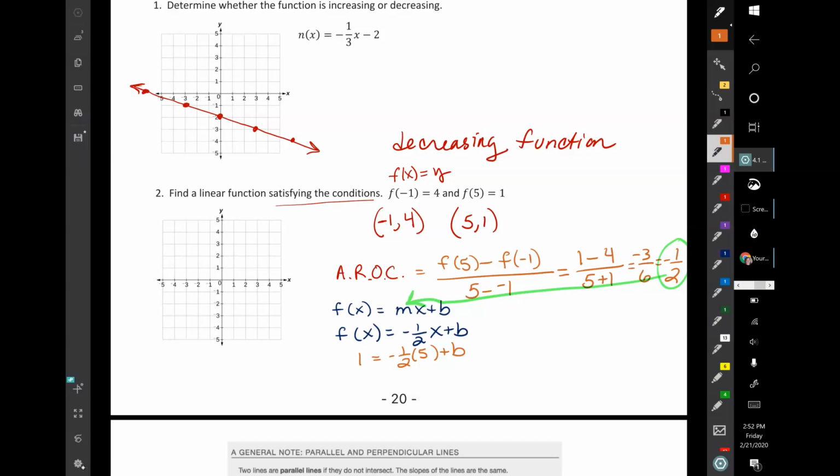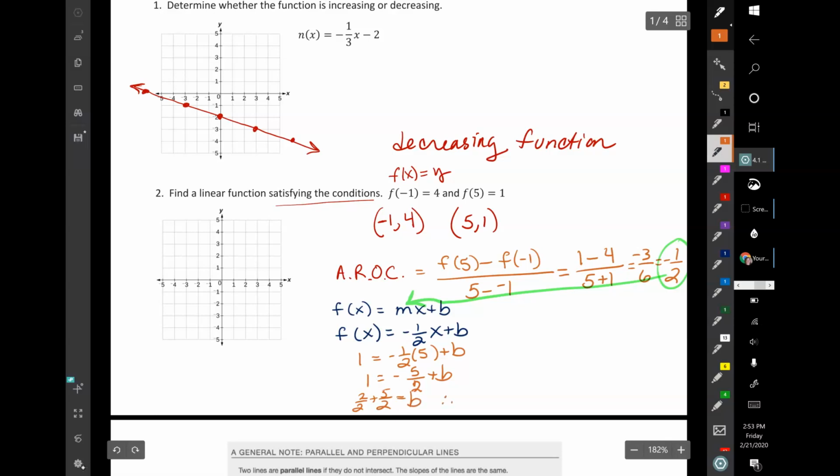And then I would end up getting 1 equals -5/2 plus b. And I'm going to now add that 5/2 to both sides. Good fraction work here. So when I do that, I'm going to end up with 2/2 plus 5/2. So I need a common denominator equals b.